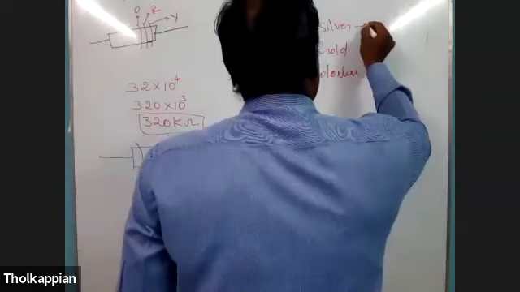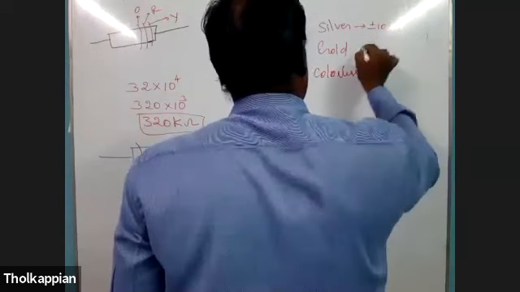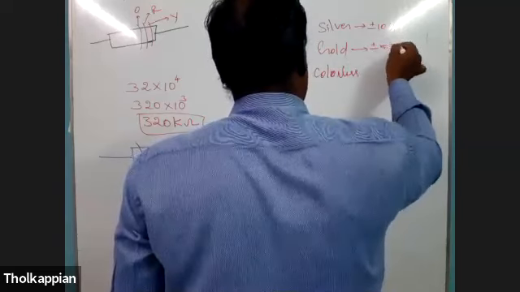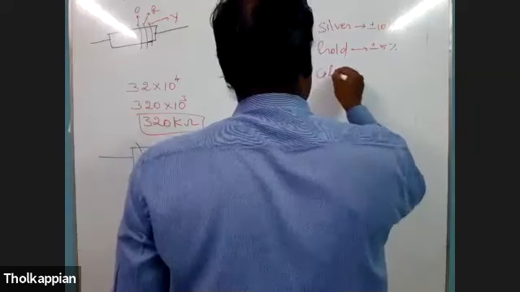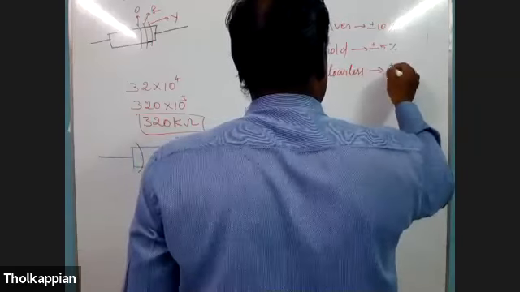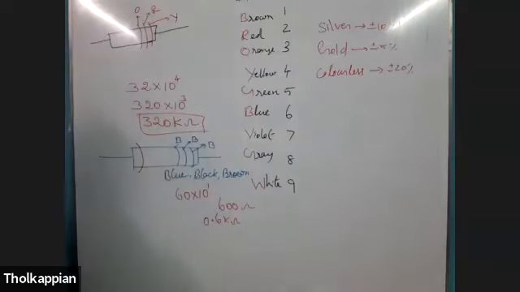Silver, the value is plus or minus 10%. Gold, the value is plus or minus 5%. And colorless, the value is plus or minus 20%. Colorless means sometimes they won't give the color.